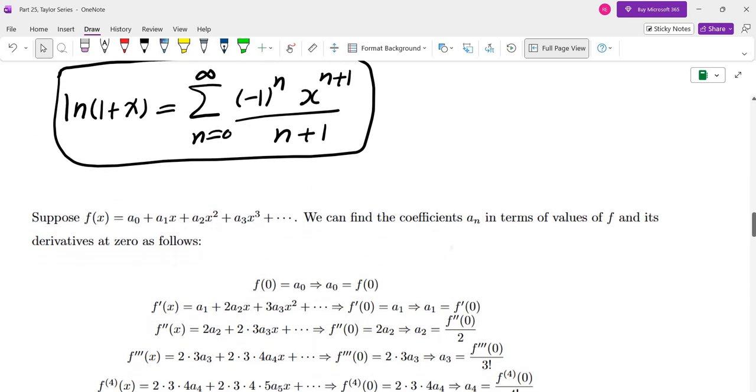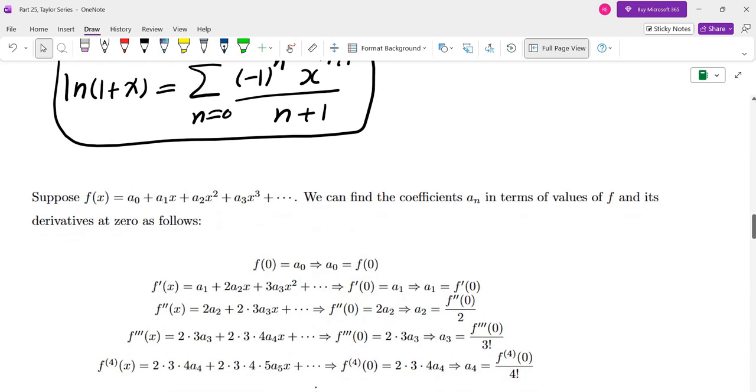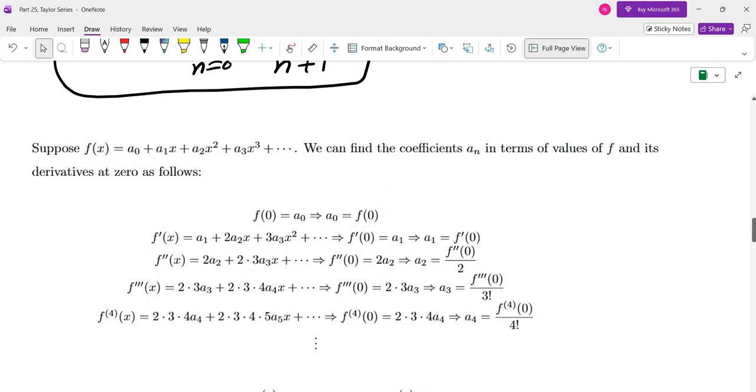So now in general, how do we find a Taylor series for a given function? Let's assume that a power series is equal to a function. We can find these coefficients by repeatedly differentiating and substituting x equals 0. If you substitute x equals 0 into the right side, all of these terms become 0. So we get f(0) equals a0.